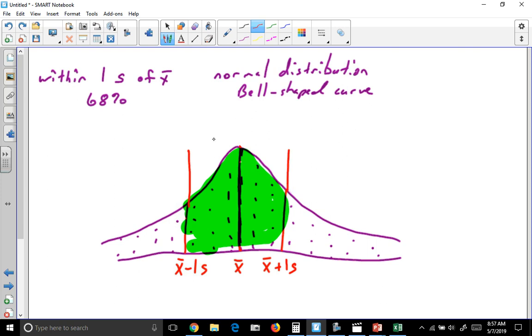So from there to there, it's about 68%, which is a pretty good chunk.